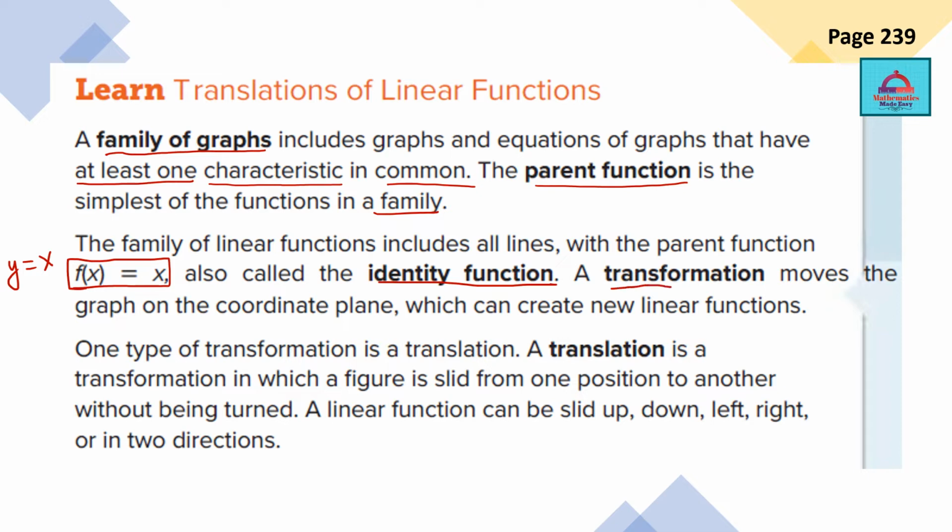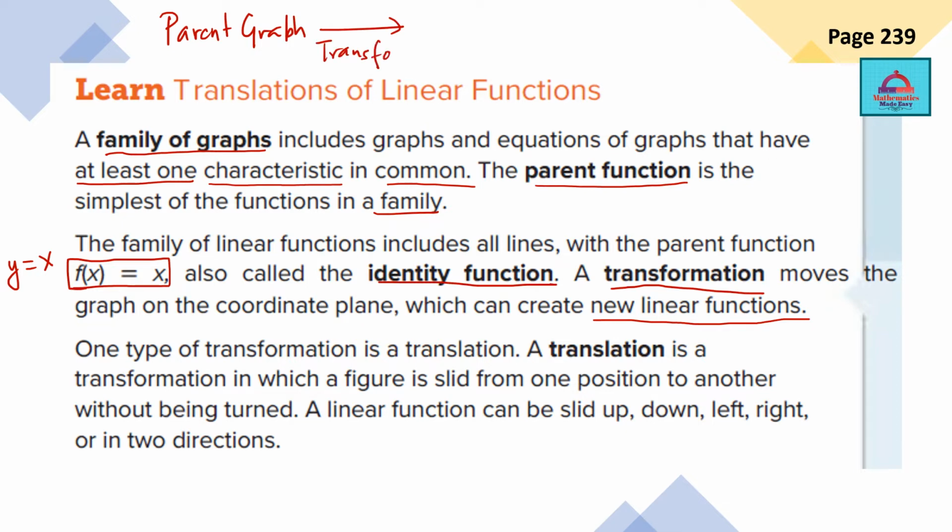Now a transformation moves the graph on the coordinate plane, which can create new linear functions. So the new linear functions are the transformed functions which you get from the parent graph after doing the transformation. So you have the original or the parent graph given, then you do the transformations.